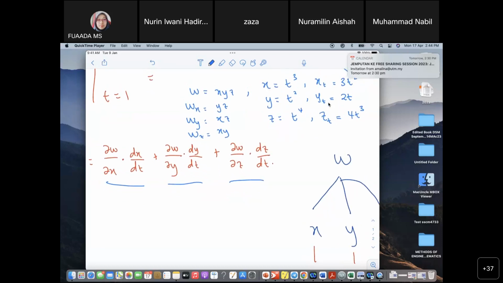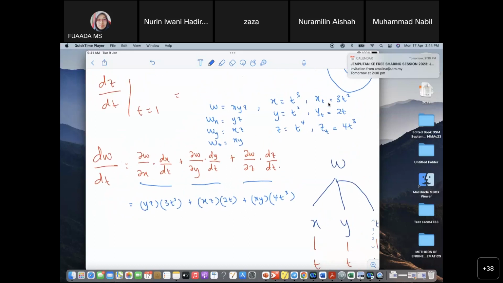Okay, then we substitute all the terms that we obtained. So the first one, Wx, so YZ times xt, we got 3T square, plus Wy, we got XZ, yt, we got 2T, plus Wz times zt, so 4T cube.